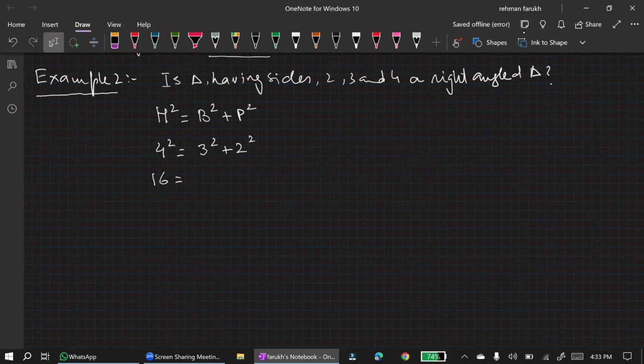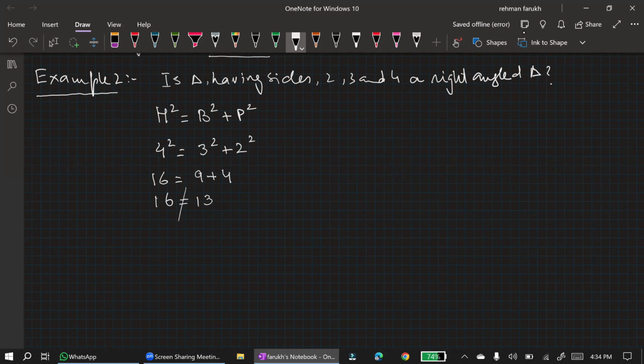Now in this question, when the three sides are given, there is no need to mark which one is the base or the perpendicular. 9 plus 4 is 13, not equal to 16.